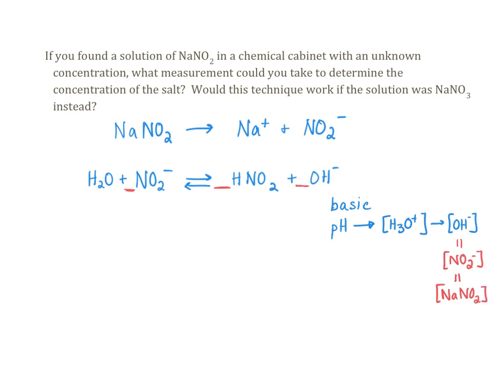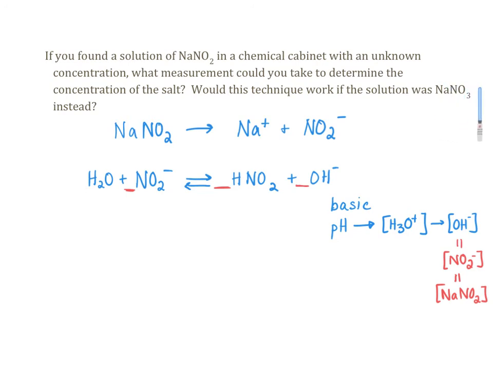So we could figure out the concentration of the sodium nitrite by figuring out the pH, using that to figure out the hydroxide concentration, which is then the same, because it's all 1-to-1 ratios, back to the original. We could use the pH to figure out the original concentration of the sodium nitrite.